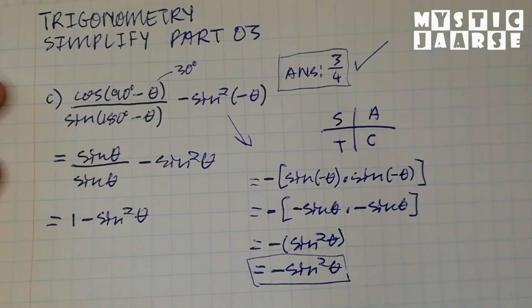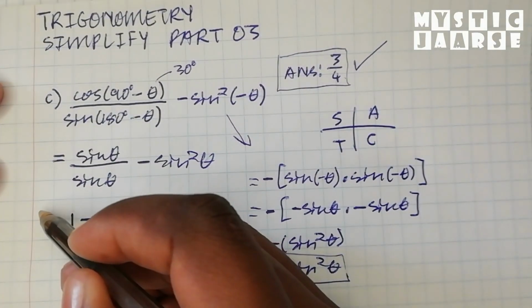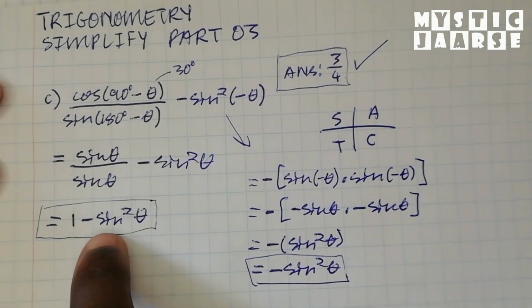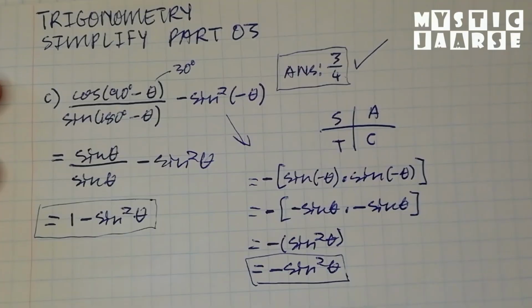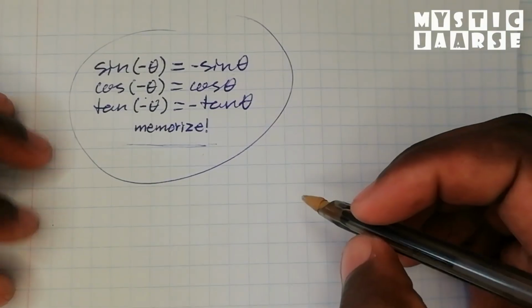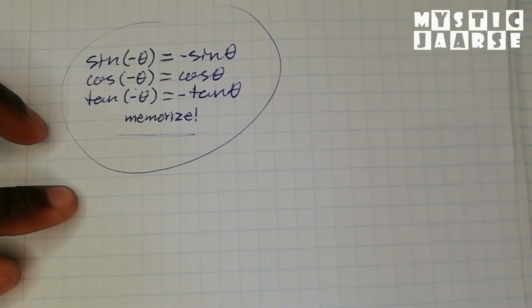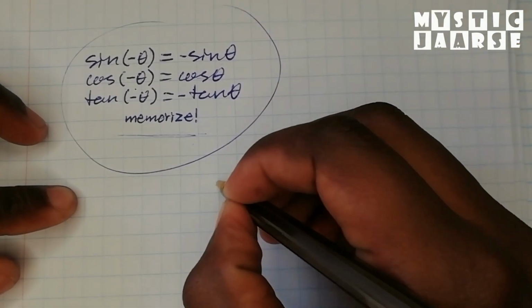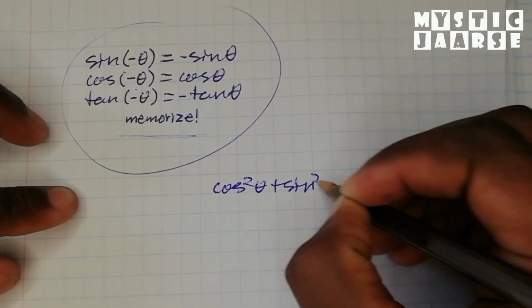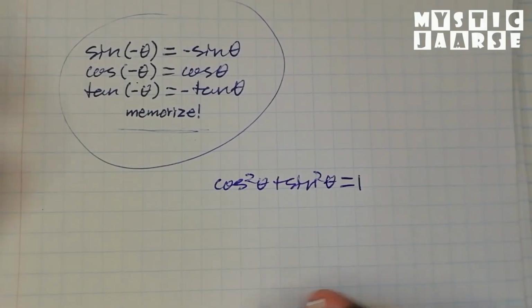Now if you have practiced trigonometry enough, your brain will tell you that this looks familiar, that we have seen this thing before. So where have we seen it? This is the square identity, cos squared theta plus sine squared theta is equal to 1.